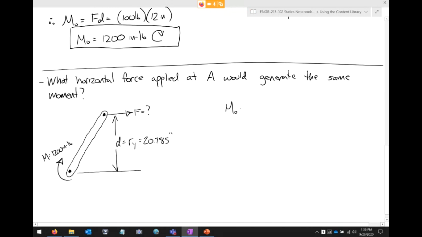So if moment is force times the distance, and I'll need the parentheses over here. Moment, I know I want 1,200 inch-pounds equals a force, which I don't know, and then a distance, which is 20.785 inches.